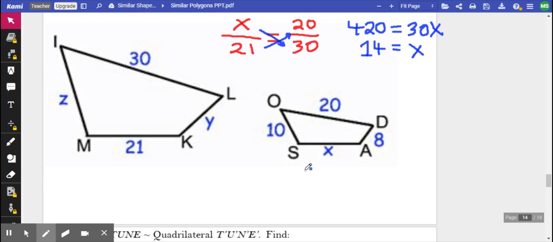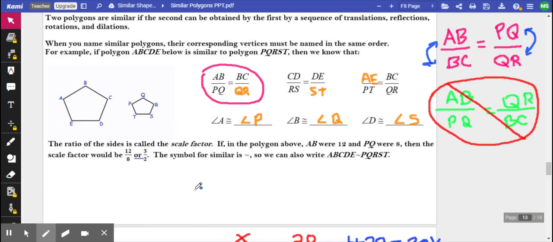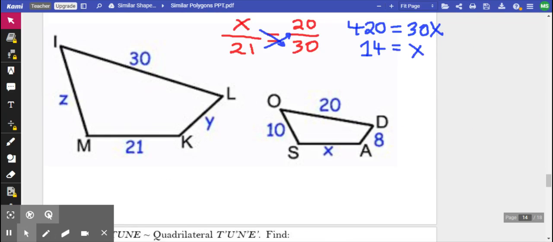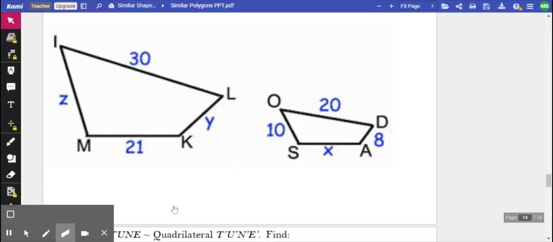But as we saw in our last slide, we could take big over small and divide and get a scale factor instead. If we did that instead of just solving a proportion, it would look a little bit different. So let's start over, and we know that x we just found was going to be equal to 14, so we'll keep that answer.